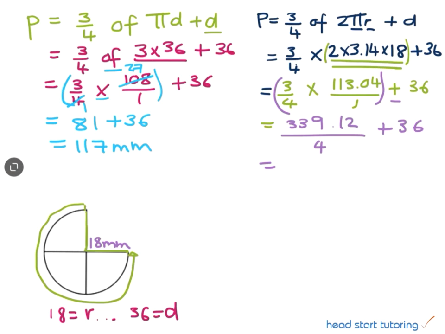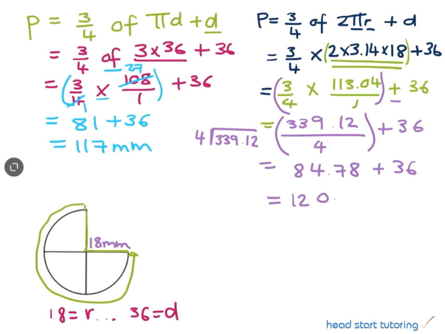And we'll obviously do this on the side in a division. So we use our division house to work that out. We put our 4 outside and our 339.12 inside, and you will end up with an answer of 84.78, and then we plus our 36, and that gives us a final answer of 120.78 millimeters.